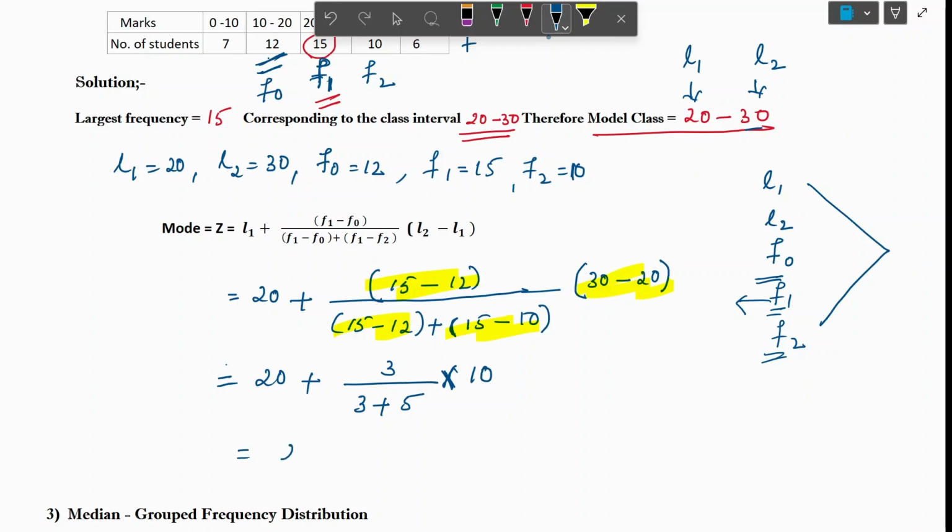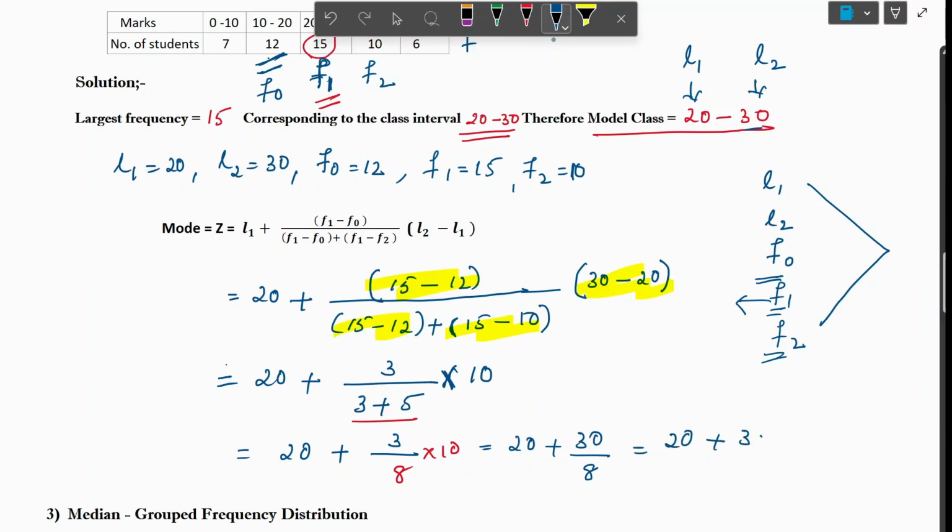Bracket means multiplication. Therefore this is equal to 20 plus 3 divided by 3 plus 5, that is 8, into 10. That is equal to 20 plus 30 divided by 8. Therefore 20 plus 3.75. The final answer, 23.75, is your mode.